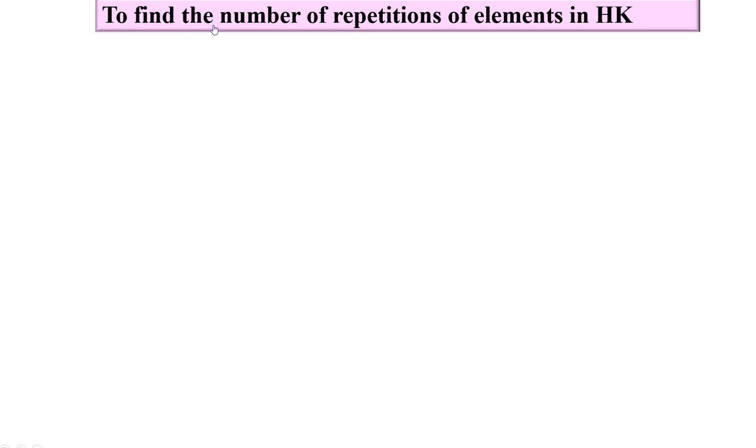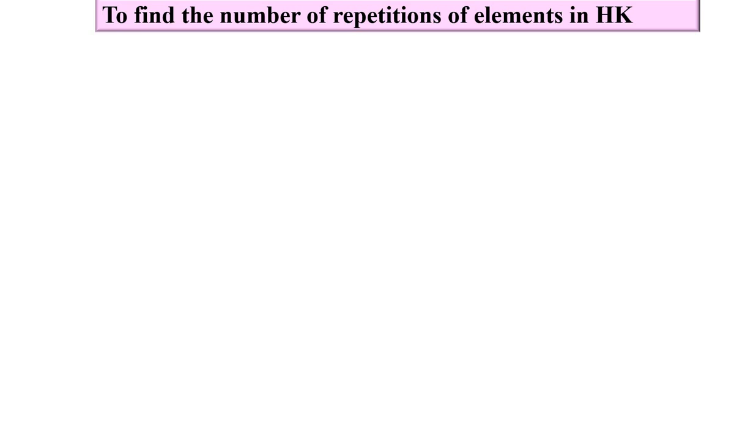Now first we will find the number of repetitions of elements in Hk. Given H and K, we know how to find the product Hk. When we find the product, there may not be any repetitions or there may be repetitions.